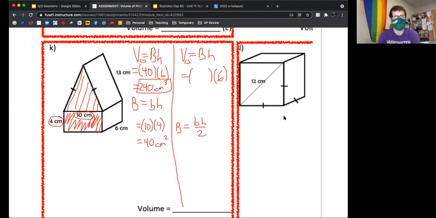So if I don't know the area of the base, that's what we're going to calculate. So in this formula, do I know the base length of my triangle? Yeah. What is the base length?